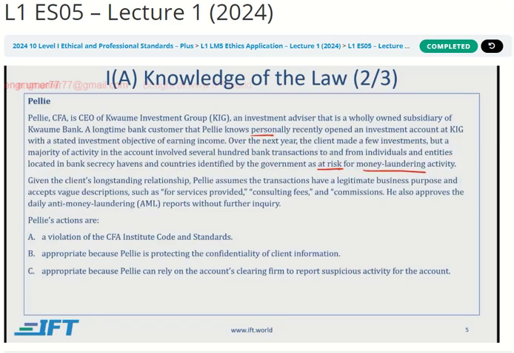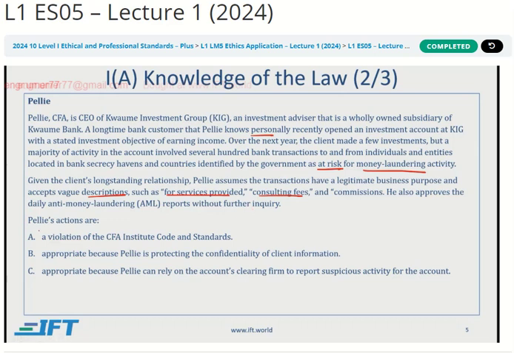Given the client's long-standing relationship, Pelly assumes the transactions have a legitimate business purpose and accepts vague descriptions such as for services provided, consulting fees, and commissions. He also approves the daily anti-money laundering reports without further inquiry.